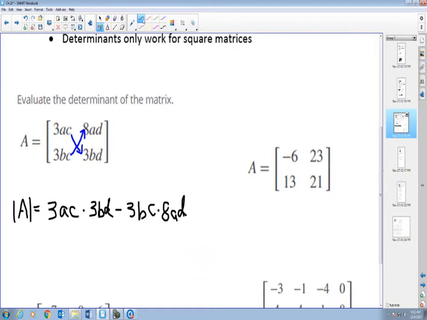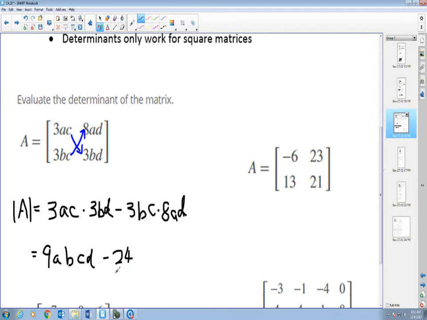All right, let's simplify this expression a little bit. 3 times 3 is 9. AC times BD would just be ABCD. Minus, 3 times 8 is 24.